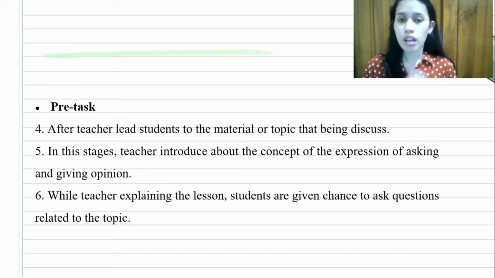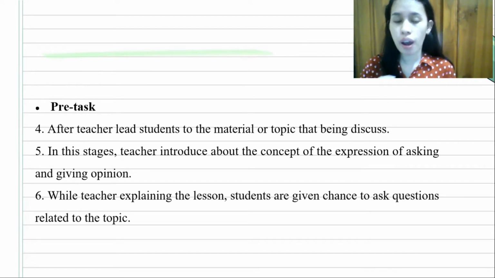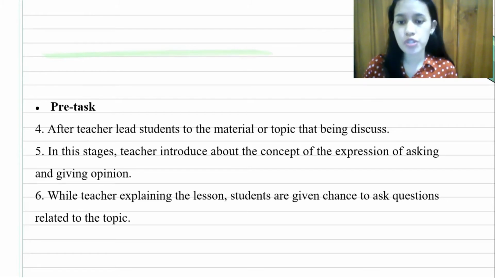The students are shown a PowerPoint slide from the teacher, explaining the concept of asking and giving opinion. While explaining the lesson, the students are given a chance to ask questions that relate to the topic.